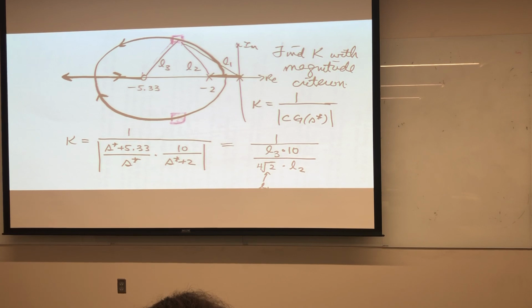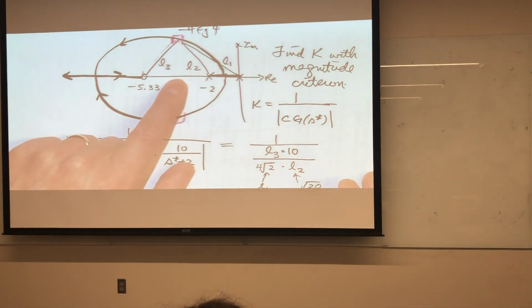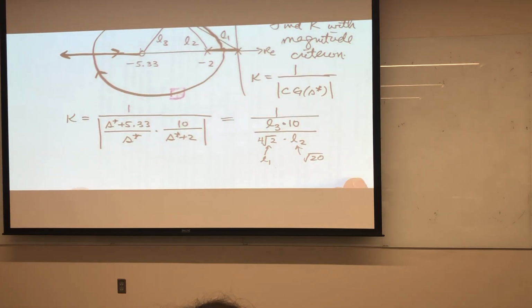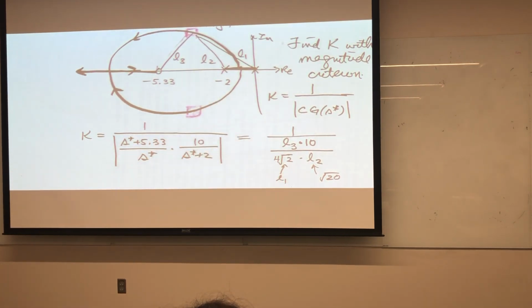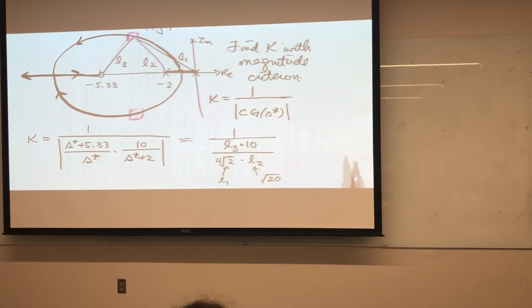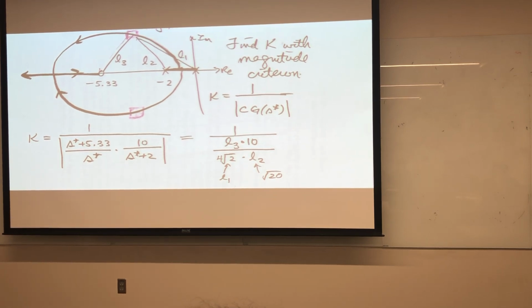L2 is square root 20, I think, because this is negative 4 plus j4, so this is 2, that's 4. 2 squared is 4, 4 squared is 16, square root 20. And L3 requires a little bit of calculator work. Do we have a number? 0.6? Ooh, it's less than 1.